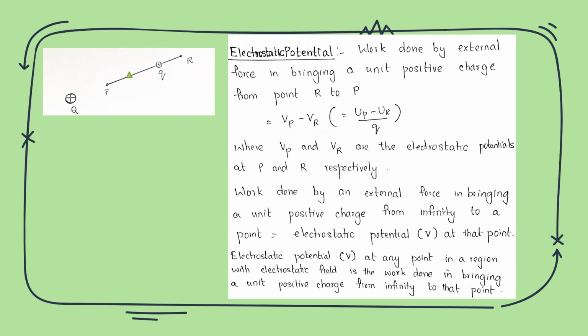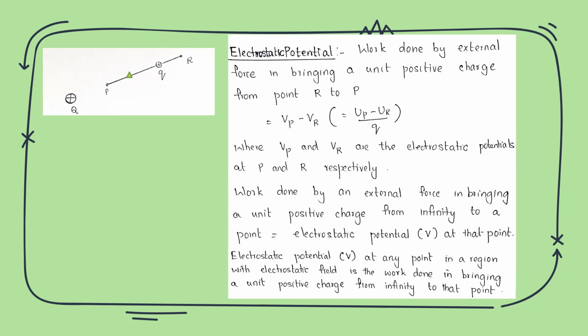All this discussion so far was about a test charge small q. Now I'm changing the words: work done in bringing a unit positive charge from infinity into the electric field.